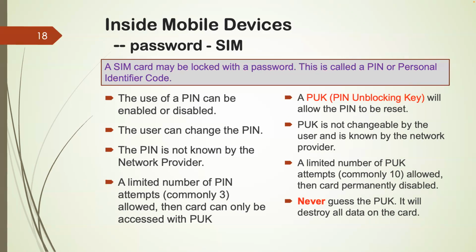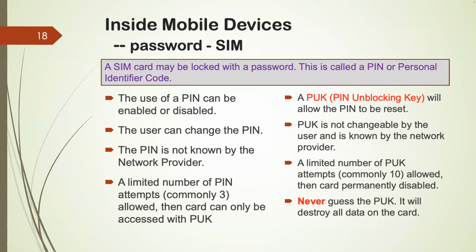All right. So if you change SIMs from one mobile to another, the next time you start it, your SIM might ask you to enter the PIN. When you enter the PIN, generally you are given 3 tries. If you guess the wrong password 3 times, your SIM will automatically be blocked.